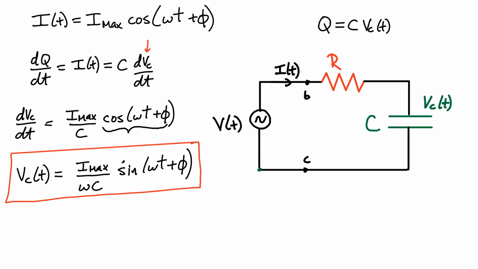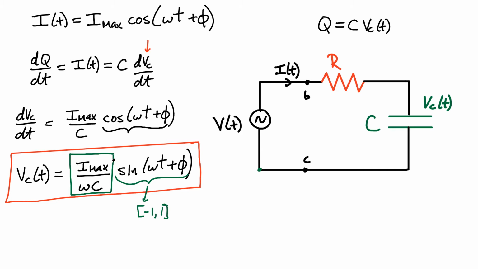The nice thing about this equation is that it is still proportional to the maximum current. There's also this angular frequency term which appears in the denominator, and there's also the capacitance. However, if I'm just calling everything here in the front the amplitude, this function over here is simply a function that varies between -1 and 1.